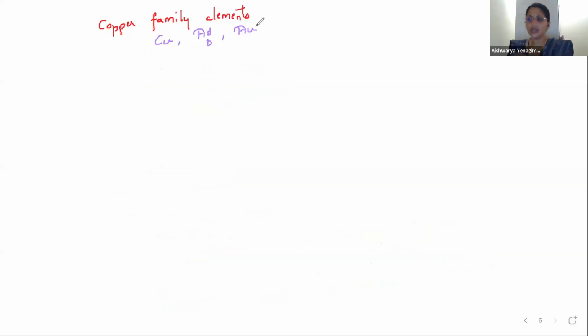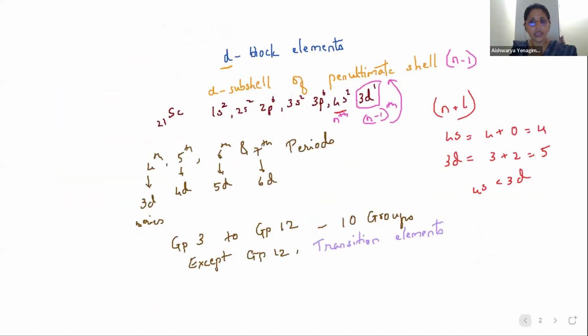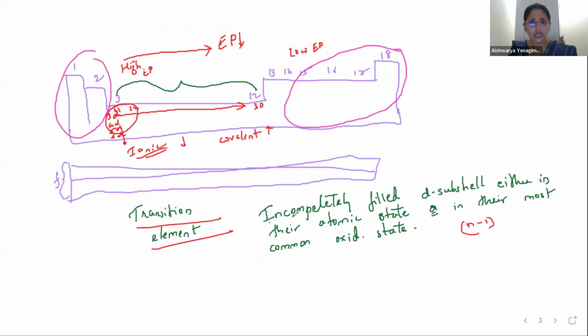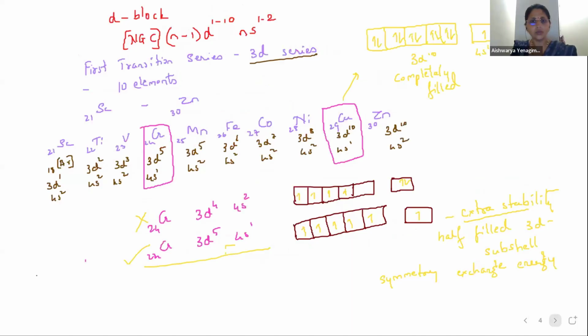Copper contains a completely filled 3d subshell. If you look at the electronic configuration of copper, it is 3d10 4s1. What did we say when talking about the definition of the d block? We said an incompletely filled d subshell.